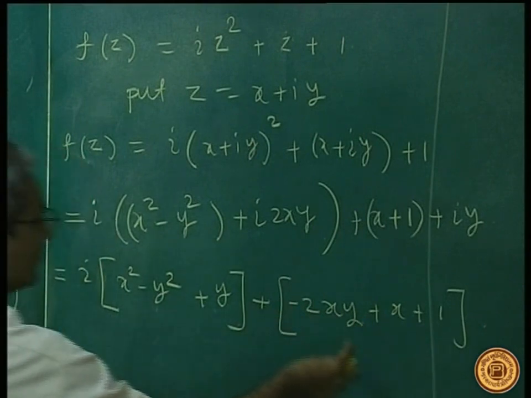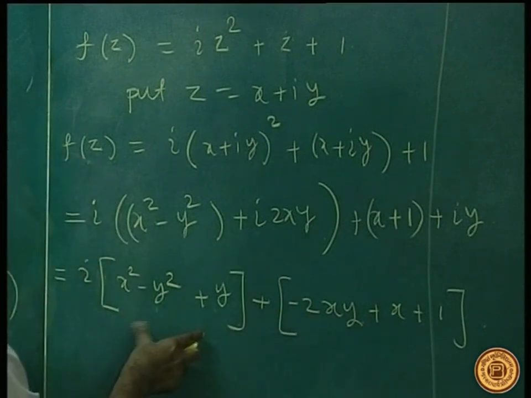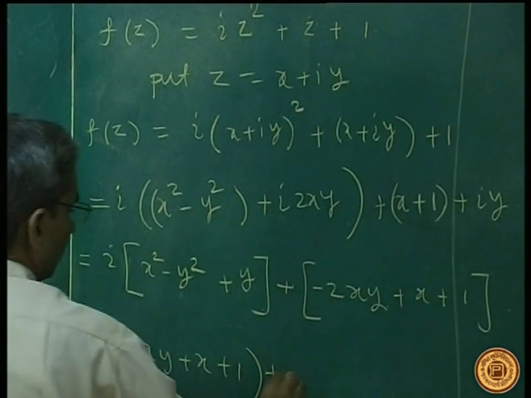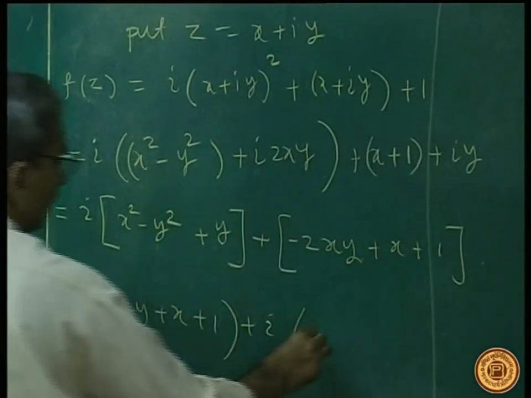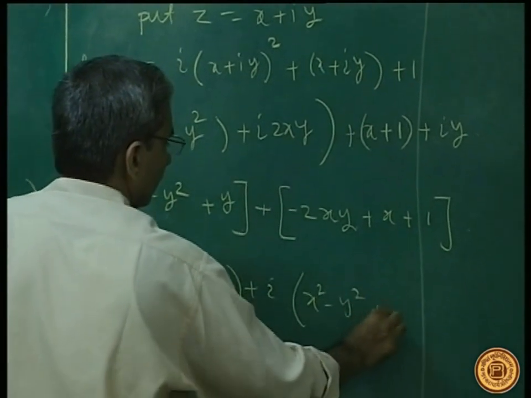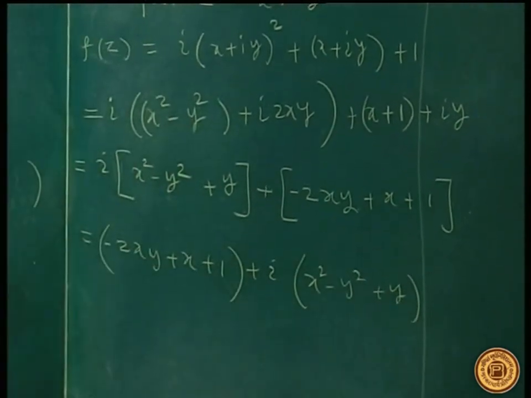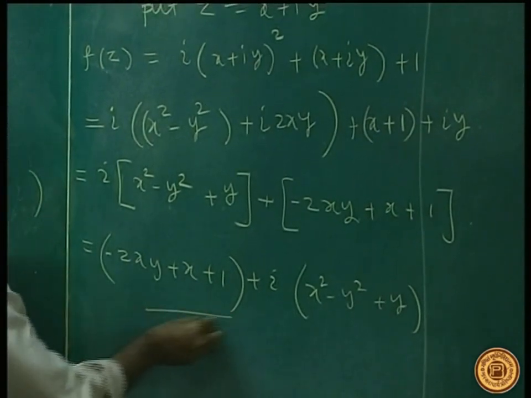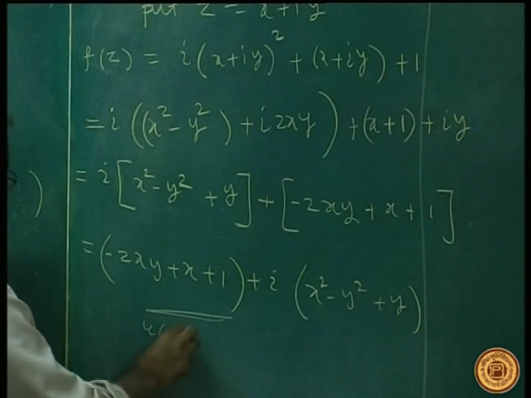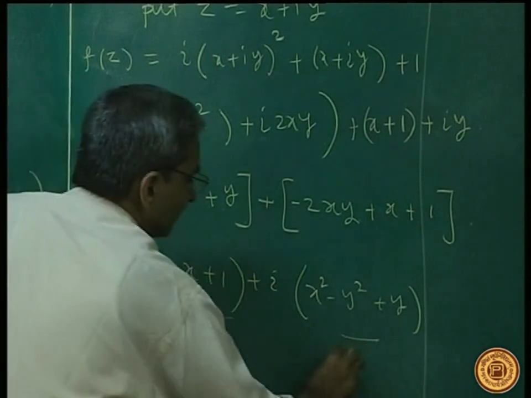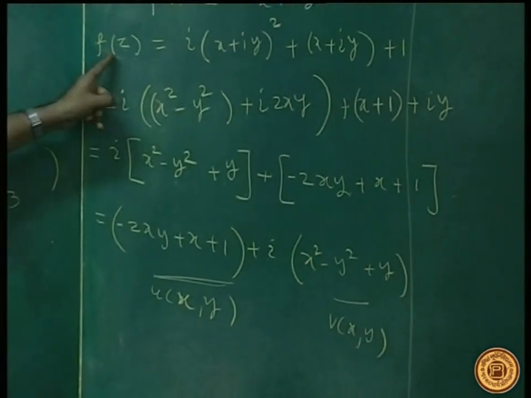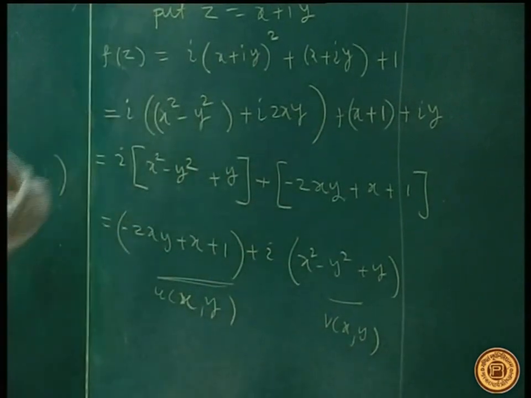So let me write it. This is the real part and this is the imaginary part actually. So it is minus 2xy plus x plus 1 plus i times (x square minus y square plus y). Now see, u(x,y) plus i times v(x,y). So this is u(x,y) and this is v(x,y). So we have expressed f(z) as u(x,y) plus i times v(x,y).